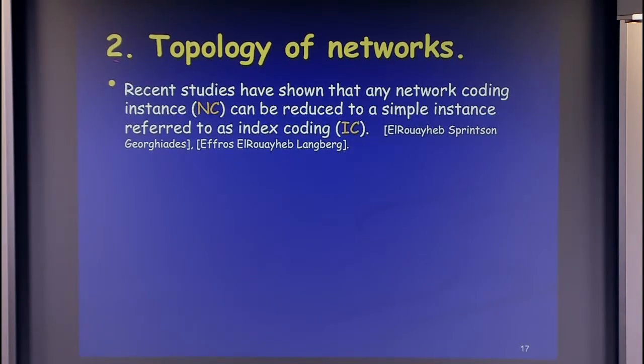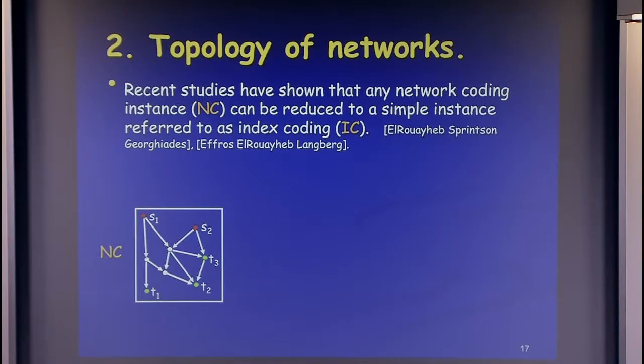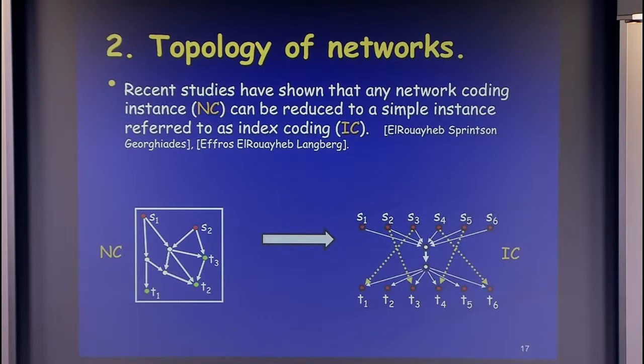So I want to talk about topology of networks also. As Michelle mentioned, recent studies have shown that there are connections between network coding and index coding instances, in the sense that we can take any network coding instance and turn it into an index coding instance, in such a way that if we solve the index coding instance, we can get a solution to the network coding instance.